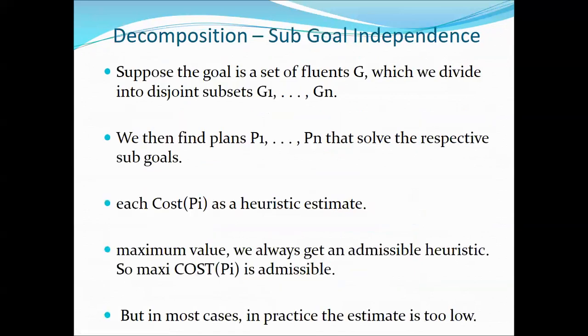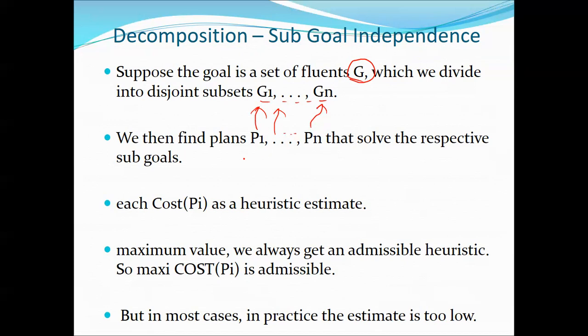Let us discuss one example for more clarity. Let us assume that for a particular problem the goal is given as g, which is subdivided into g1, g2, up to gn. Here g1 is achieved by solving the problem P1, g2 is achieved by solving the problem P2, and so on, up to gn, which is achieved by solving the problem Pn.